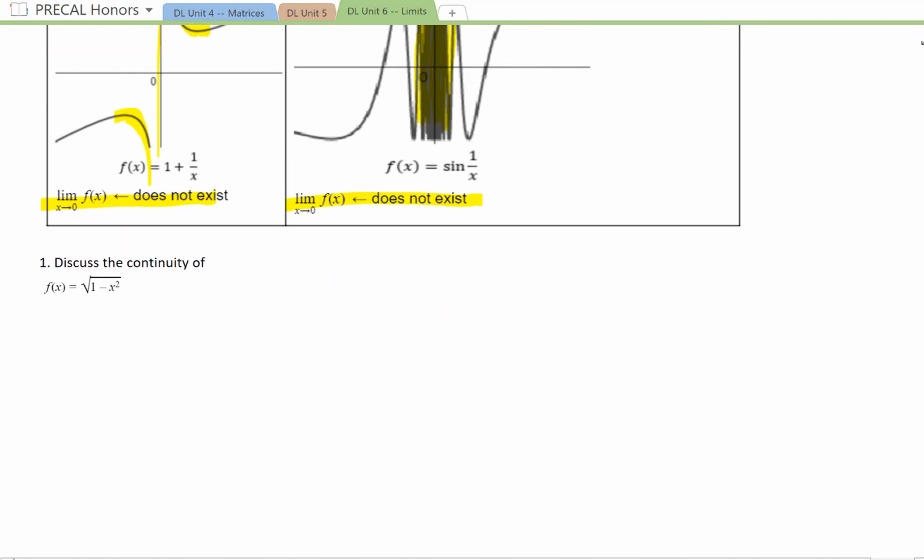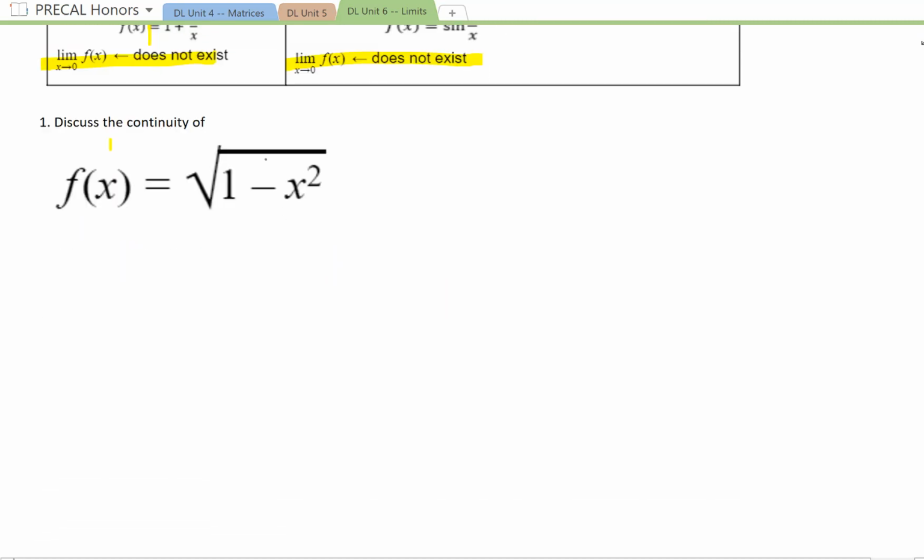Let's discuss the continuity of f of x. You may not immediately know what this looks like, but you do know you can't take the square root of a negative, so let's just test out some things in our domain, see if they work out. Negative 2 would be 1 minus 4.